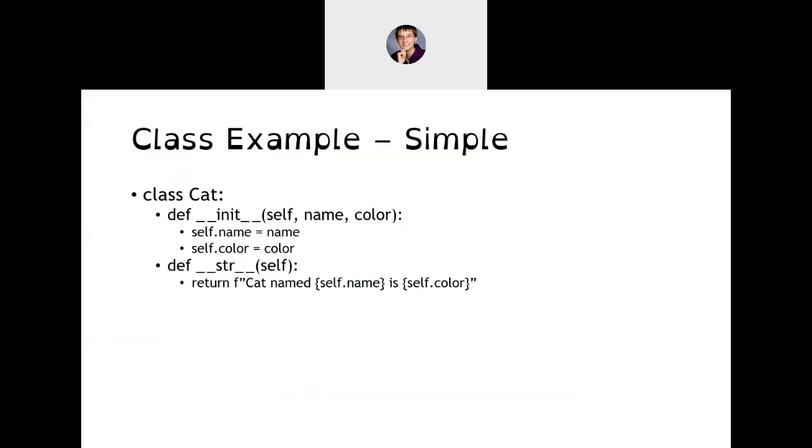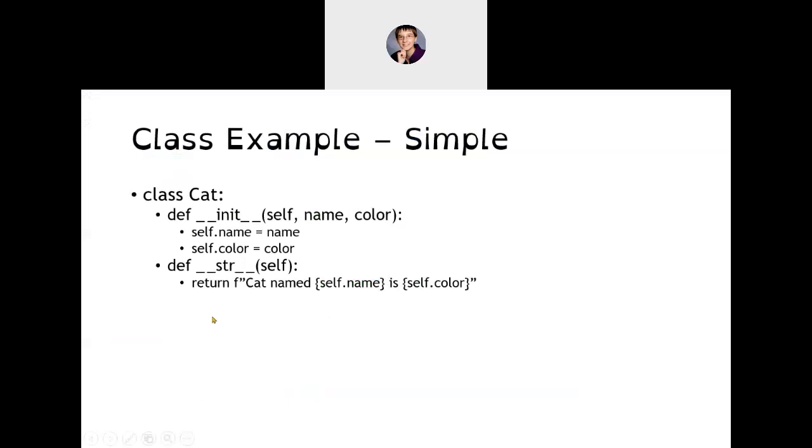All right. So what this F string is allowing us to do is, when we have these curly brackets, it essentially evaluates what's in the curly brackets. So what's happening here is I have a string, cat name blank is blank, and it's filling that in by looking at the attributes of that instance of the class.